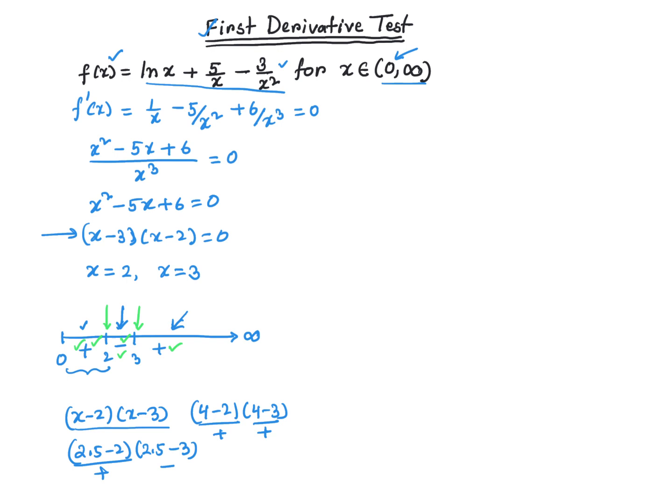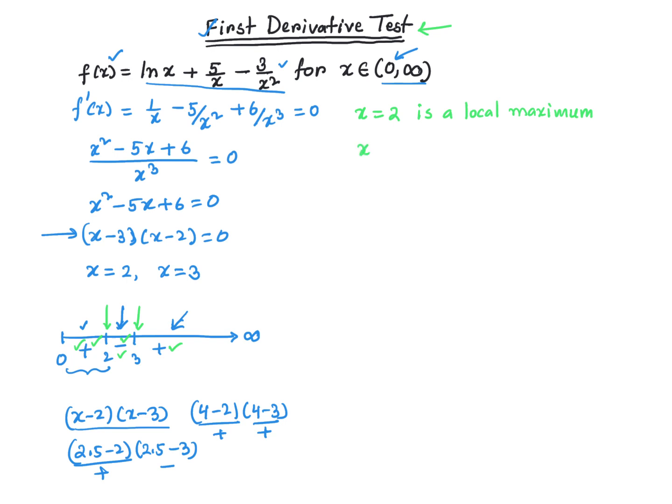So by the first derivative test, if to the left of the critical point you have a positive derivative and to the right you have a negative derivative, it is a local maximum. x equal to 2 is a local maximum. That's by the first derivative test.